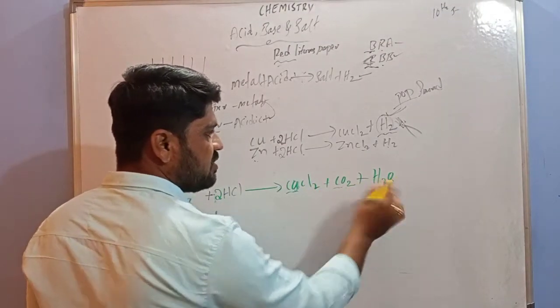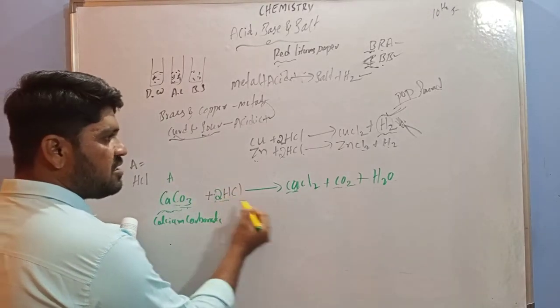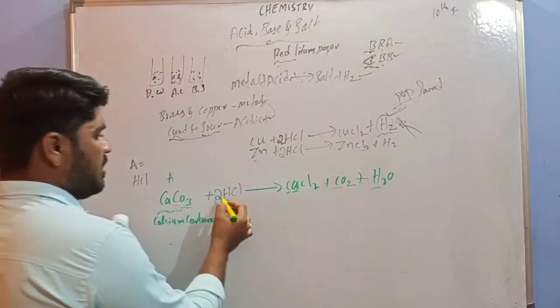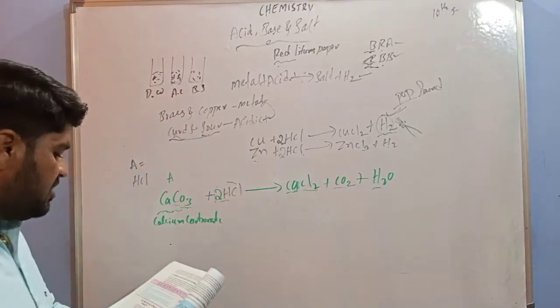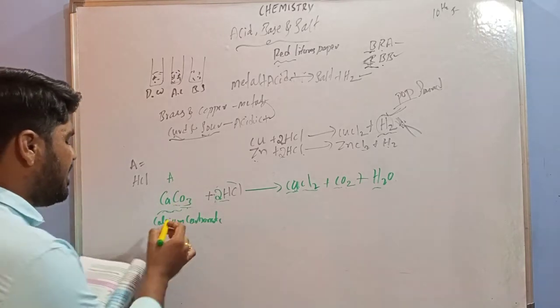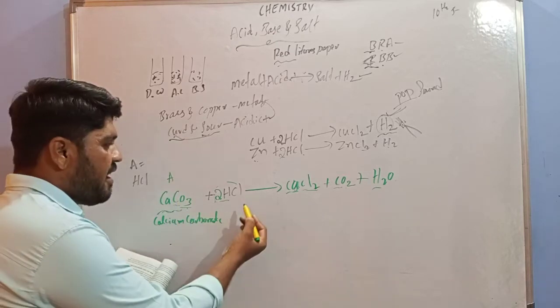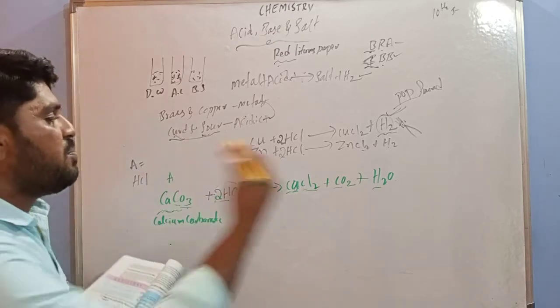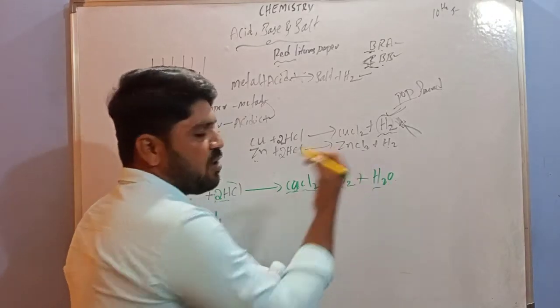Here 2 and here 1, so 3 balance. Next is hydrogen. Here 2H and here also 2H. Here 2Cl and here also 2Cl. Now the reaction is balanced. This is the answer for this third question. The metal compound A is calcium carbonate. This calcium carbonate reacts with hydrochloric acid and produces calcium chloride, carbon dioxide and water.